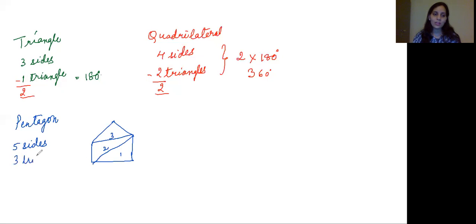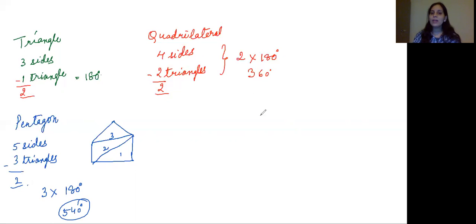So I'm just going to write 3 triangles. Again a very interesting pattern: the difference between the sides and the triangles is always equal to 2. And how do we find the angle sum property? It is the number of triangles into 180 degrees, correct? Which gives us 540 degrees.